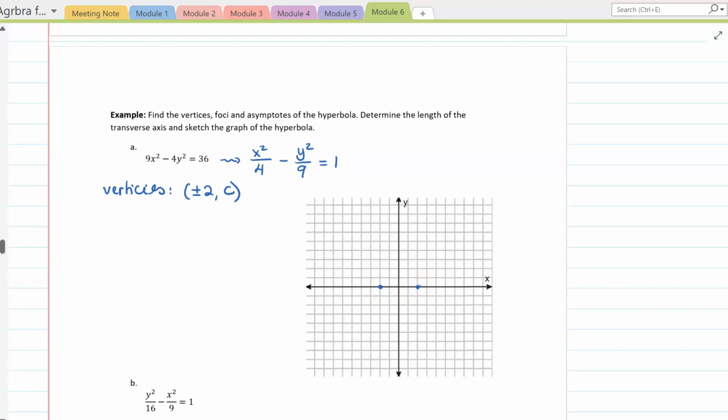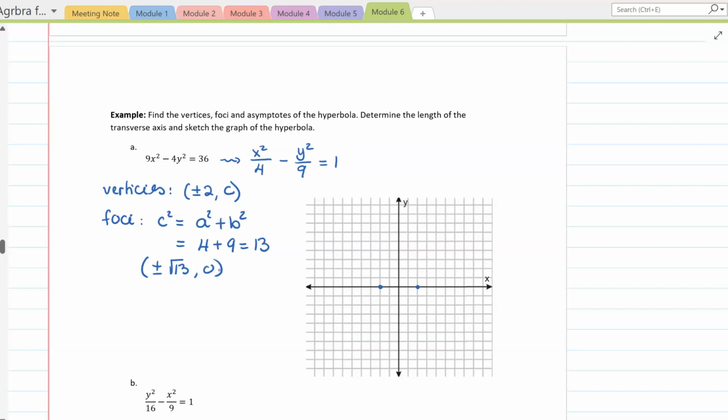Okay. The foci: c squared is equal to a squared plus b squared, so that is 4 plus 9 equals 13. So the foci are plus or minus square root of 13, 0.